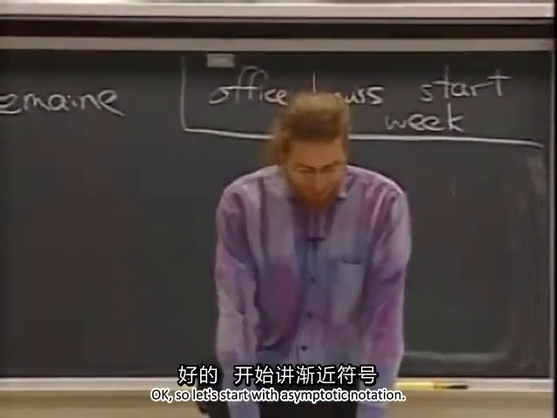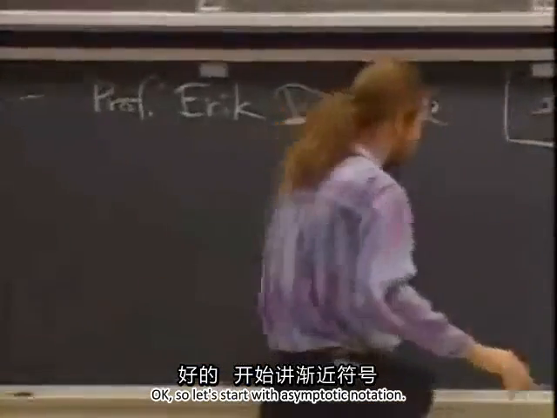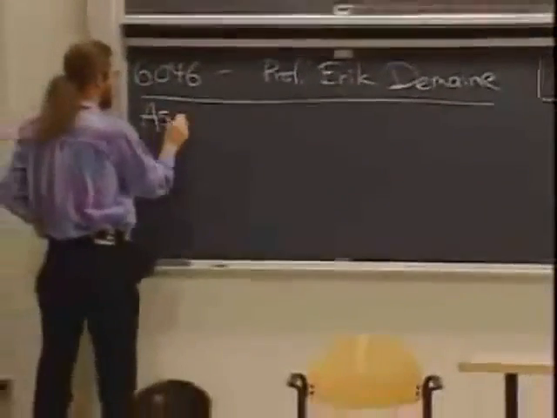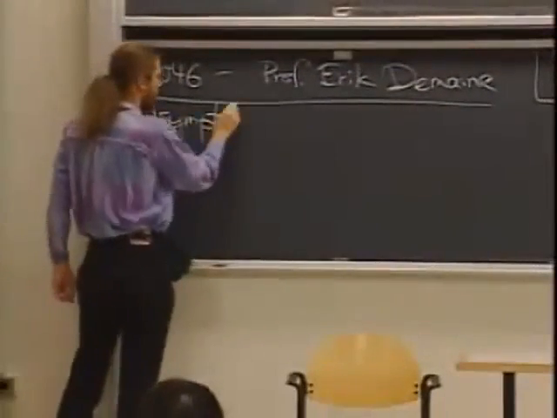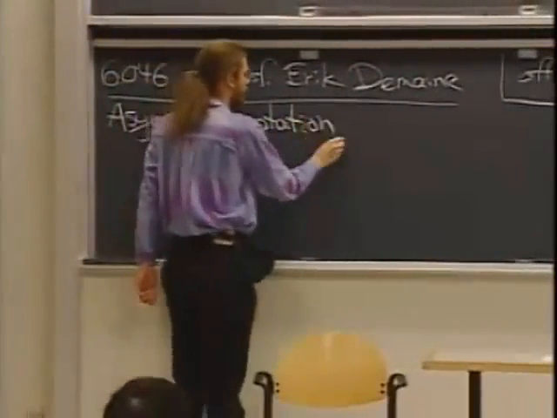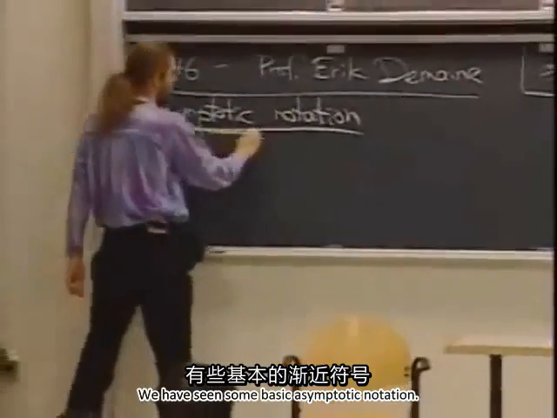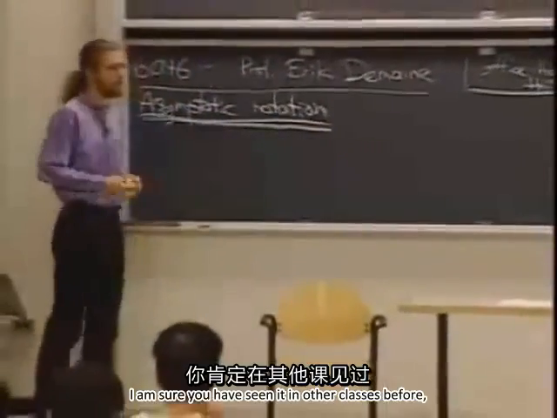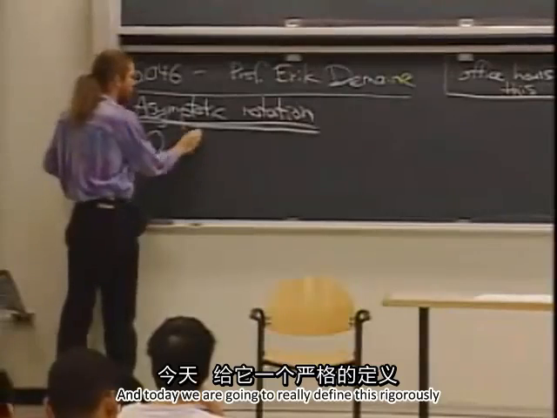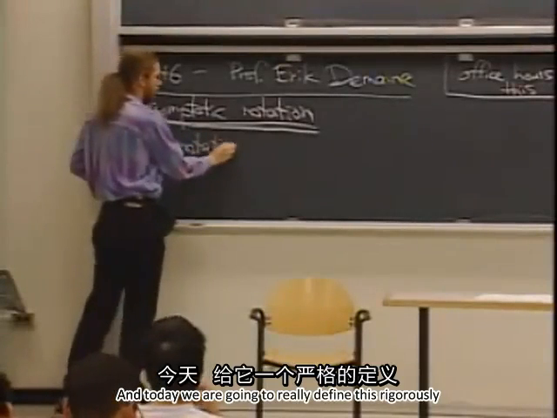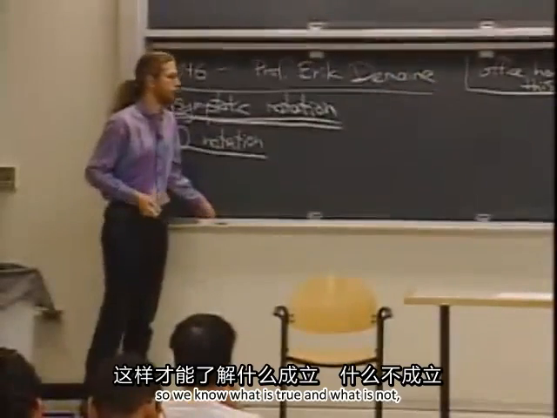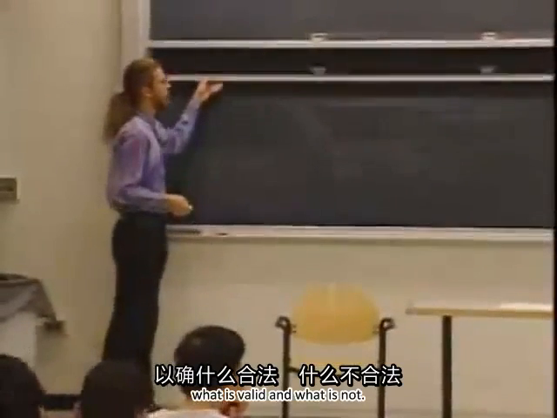Okay, so let's start with asymptotic notation. We've seen some basic asymptotic notation. I'm sure you've seen it in other classes before. Things like big O notation. And today we're going to define this rigorously so we know what's true and what isn't, what's valid and what isn't.